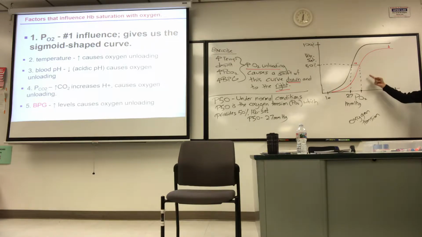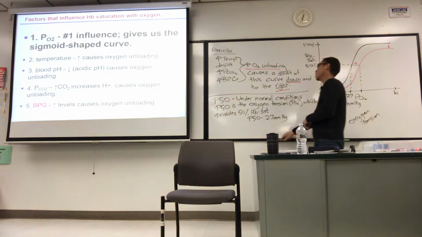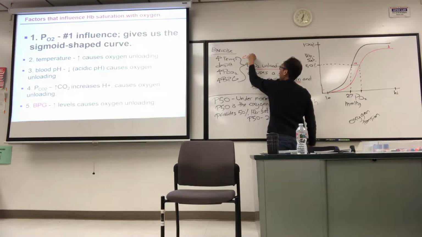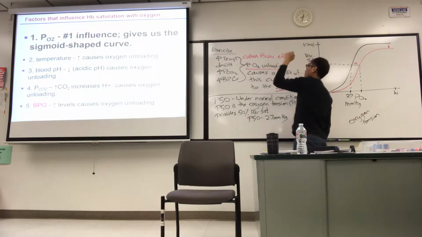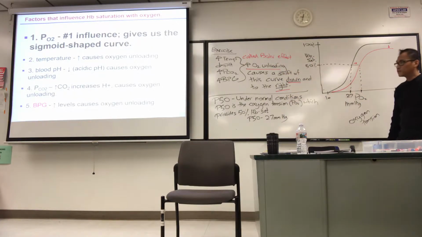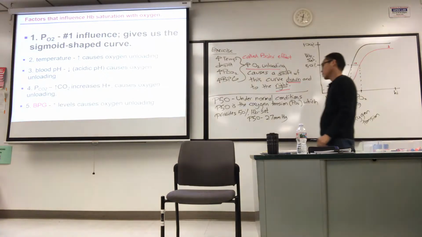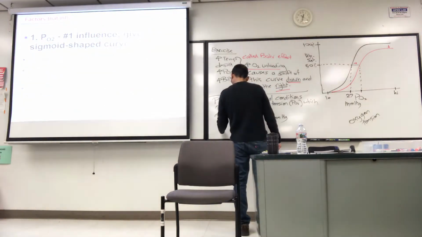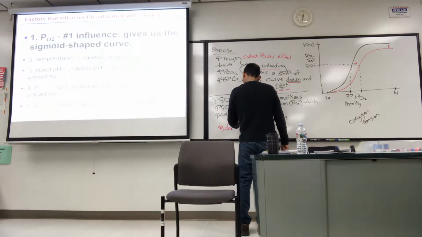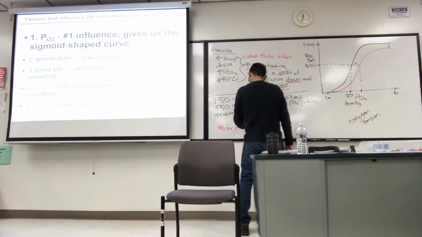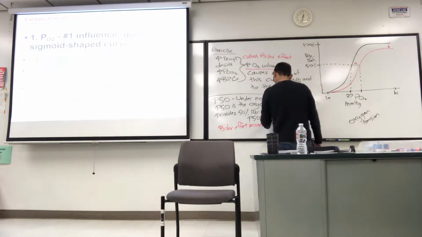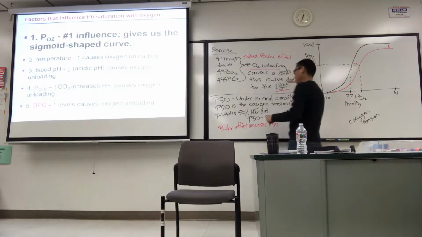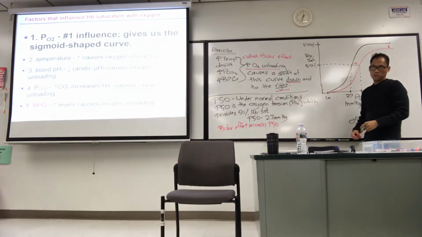This shifting down and to the right is called the Bohr Effect, where you shift down and to the right, and as a result, P50 increases. I'll put that at the bottom here. Bohr Effect increases P50. You're facilitating more unloading of the O2.